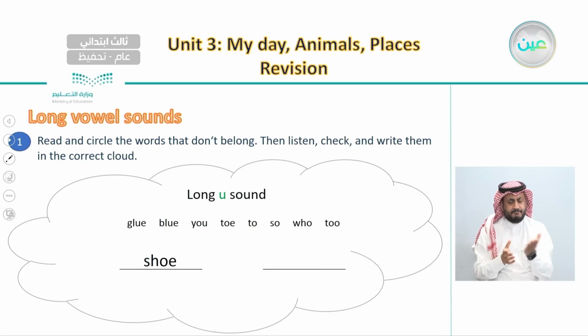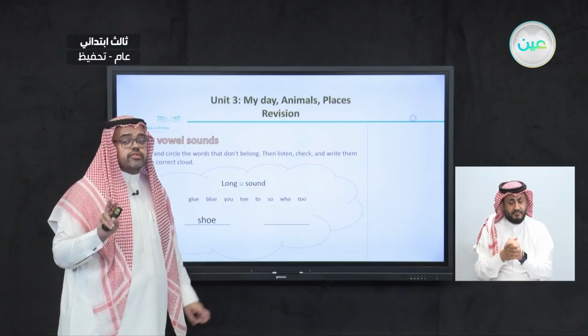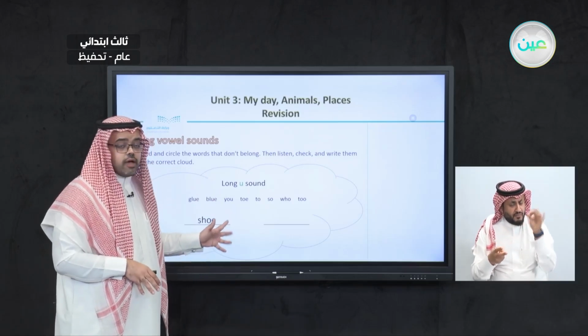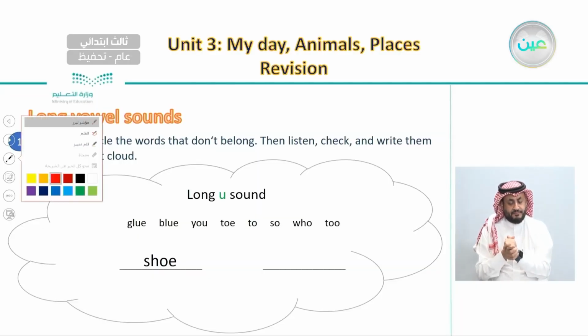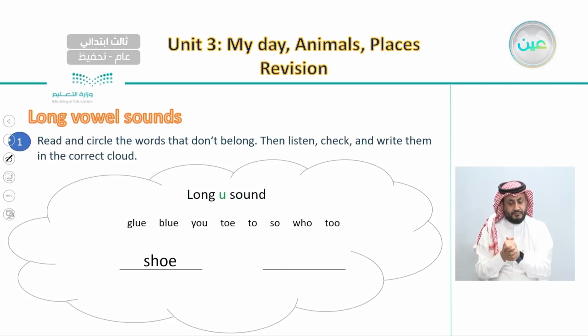So here in the long U sound, we have 2 words that do not belong to this sound. We have glue, blue, you, two, who, shoe, and 2 words that do not belong here, which are toe and so. So we circle toe and we circle so.